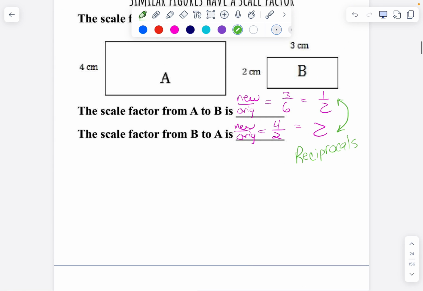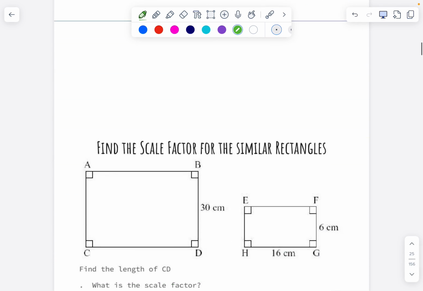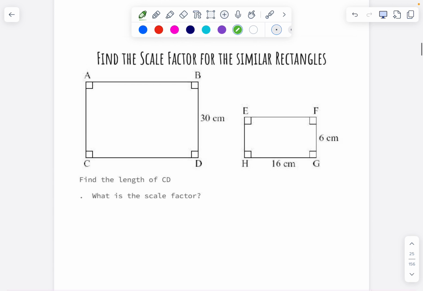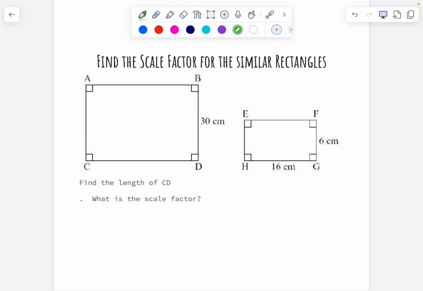Since we just did this problem where it specified a direction, this one doesn't obviously specify a direction. But if you read closely, which direction are we actually looking? CD. Yeah, we're going small to big, right? Because we want to know CD, so we must be asking for the scale factor from small to big.